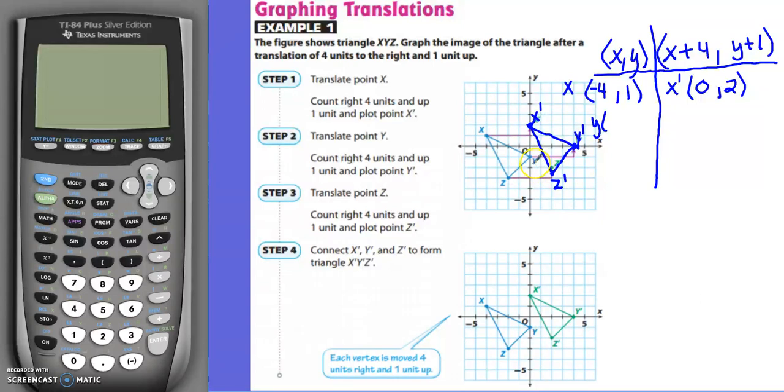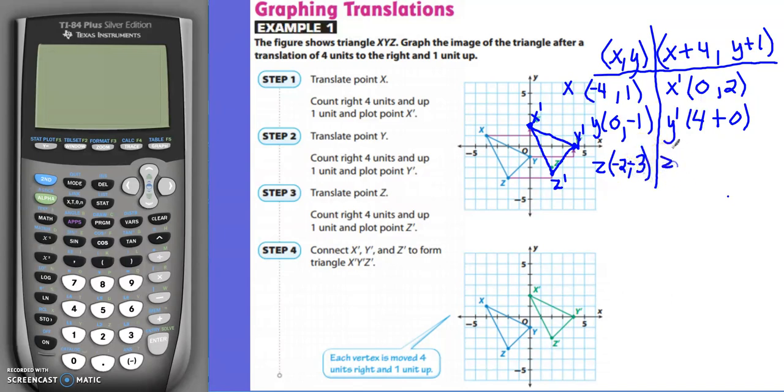Okay, so let's look at y. Y was 0, negative 1. So if we do y prime, 0 plus 4 is 4. Negative 1 plus 1 is 0. Are we over 4 and at 0? Yes. Okay, and if we do z, z was 1, 2, 2 to the left, so negative 2, and it was 1, 2, 3 down.